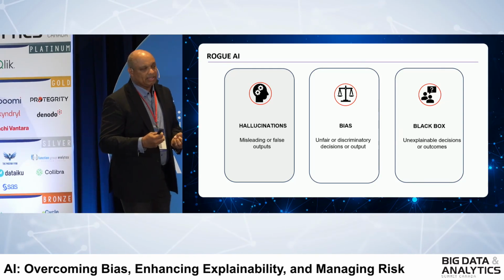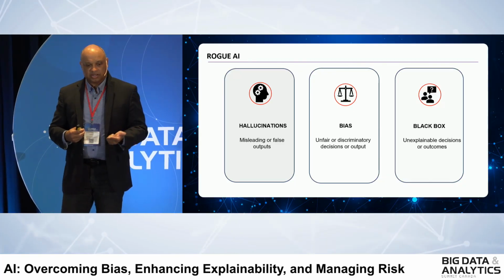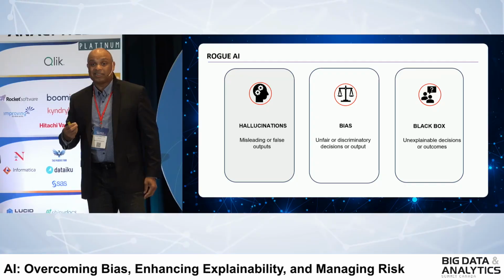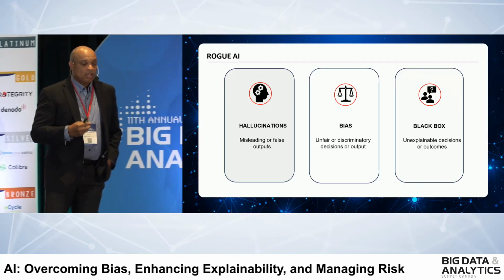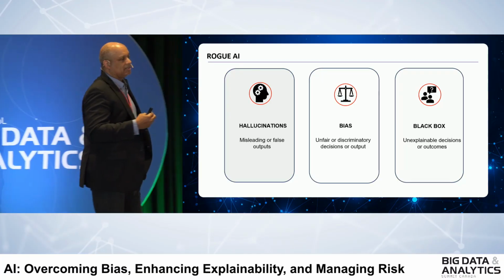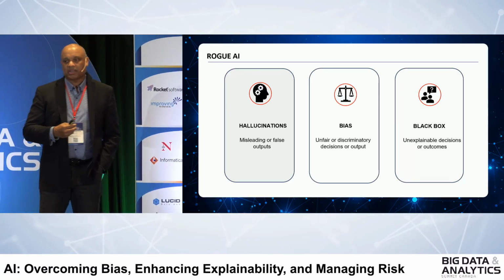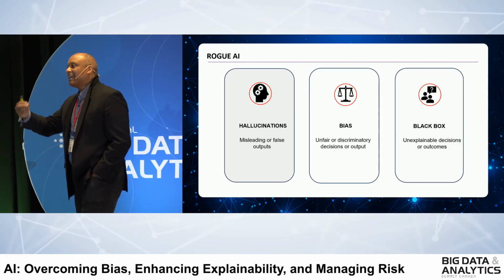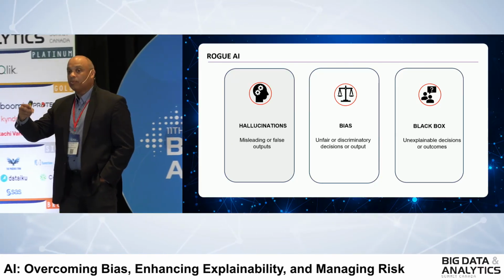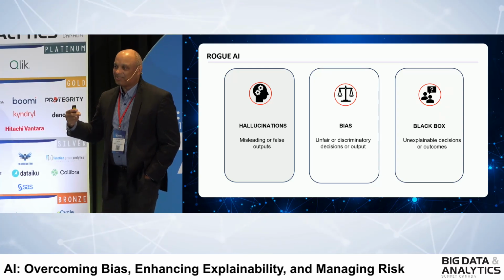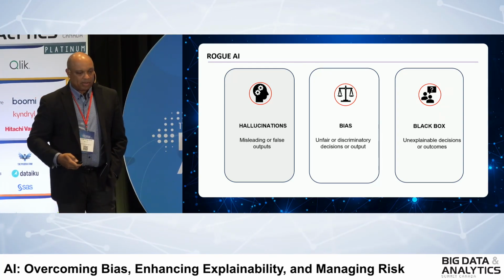Bias says, well, it could be unfair or discriminatory in some way, and the decisions or output reflect a bias that might be inherent even in society. The black box approach, and this is an extreme problem with generative AI, is we have these outcomes that we can't necessarily explain. And by the way, it's not only that we can't explain the outcomes, but the outcomes may change as time goes on. So it complicates the problem.